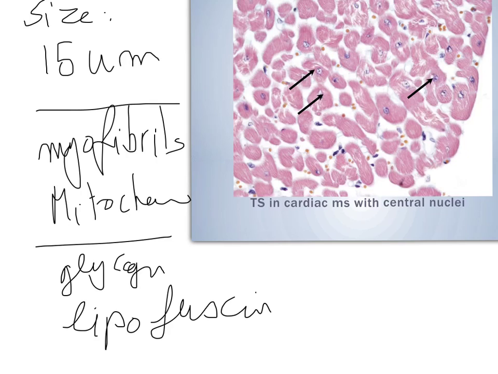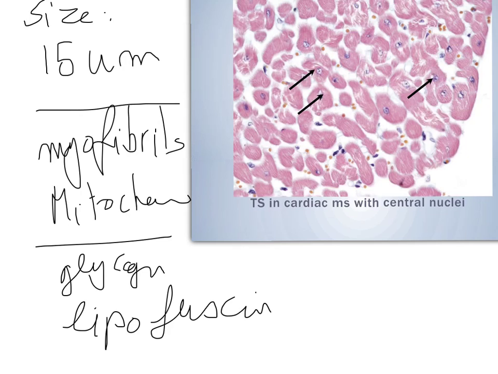The size of the cardiac muscle fiber is 15 micrometers, and the prominent organelles are myofibrils and mitochondria, and inclusions are glycogen and lipofuscin, and the appearance of the nuclei: the nuclei are central, rounded, single nucleus.